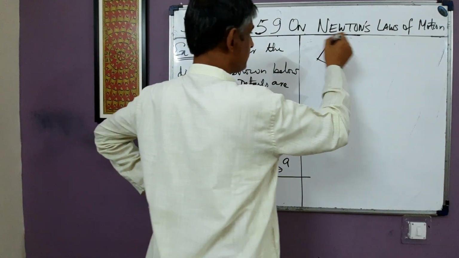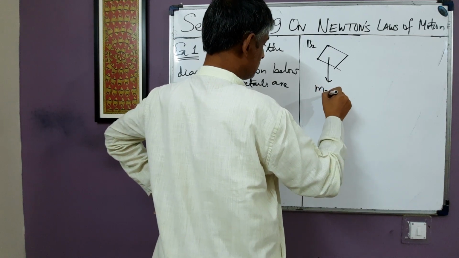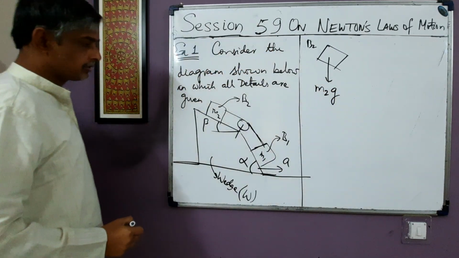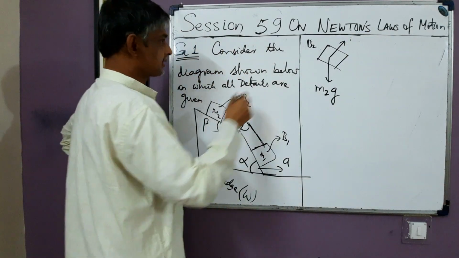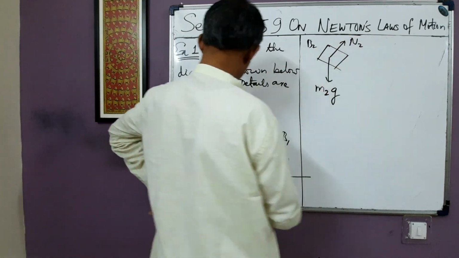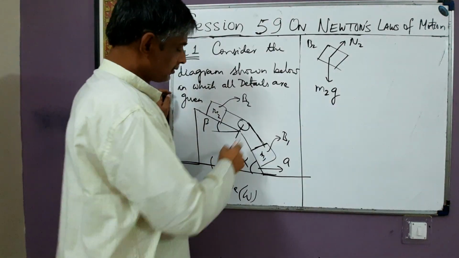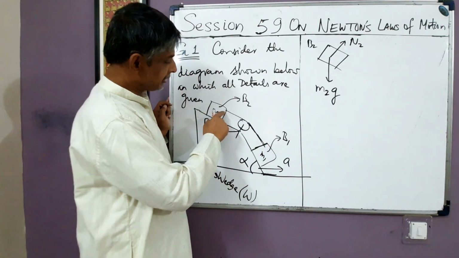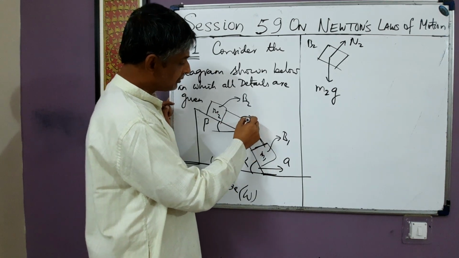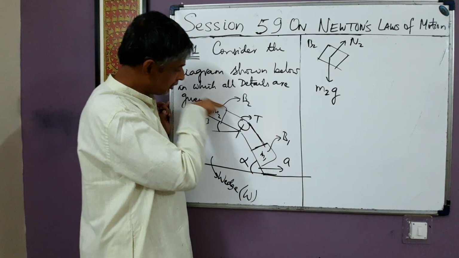Free body of B2: a real force M2g will act on it in downward direction. The wedge incline will exert a normal force N2 on the block B2, normal to the inclined surface. The string is massless and there is no friction between string and pulley, so all points of this string have the same tension, T say. This string will exert a force T on block B2 down the incline.